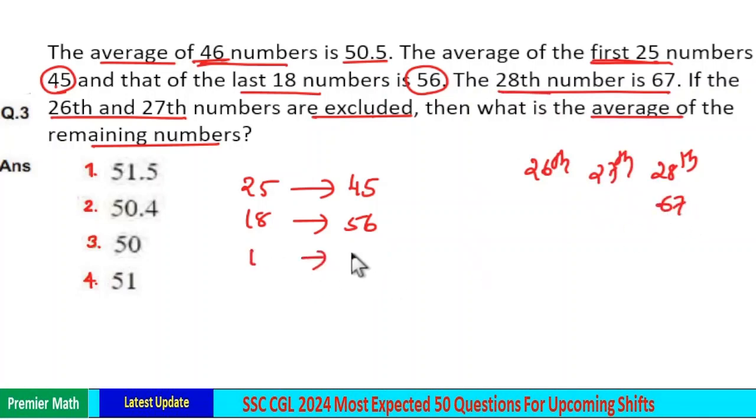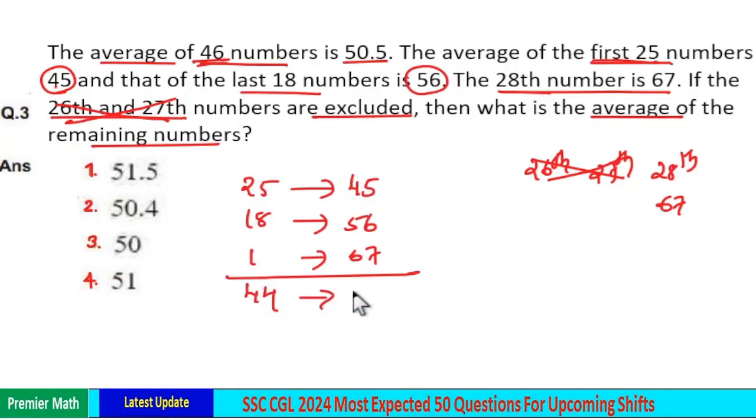So one number is 67. Here the 26th and 27th numbers are excluded, which means the remaining numbers are 25 plus 19, that is 44. We have to find the average of these 44 numbers.